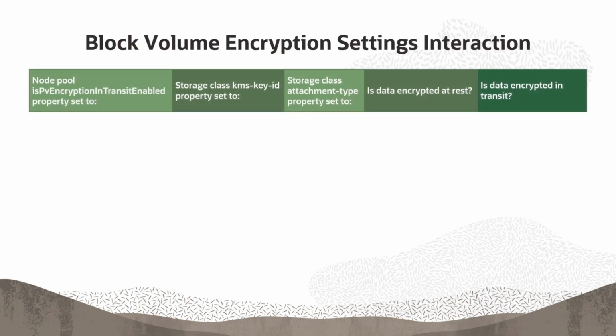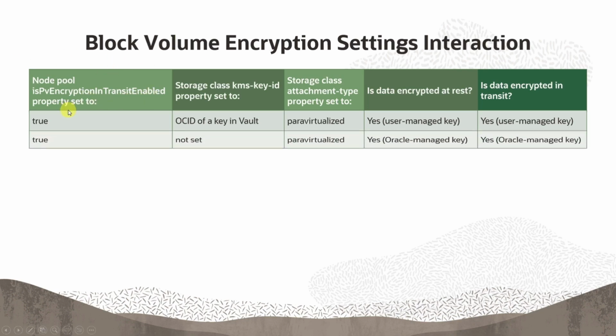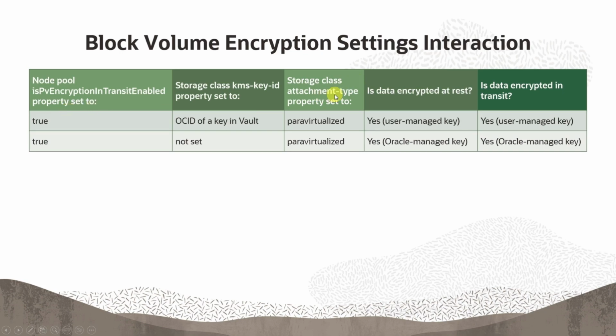Let's understand with the help of a table the block volume encryption settings interaction. When is-PV-encryption-in-transit-enabled property is set to true, and if the storage class attachment type property is set to paravirtualized, and the KMS key ID is set to OCID of the user managed key in the vault, both data at rest and data in transit are encrypted using the user managed keys.